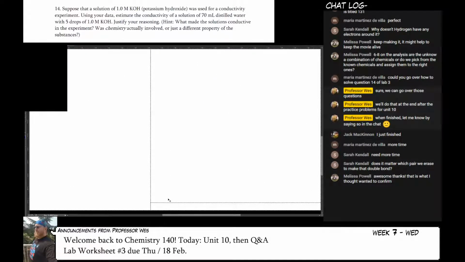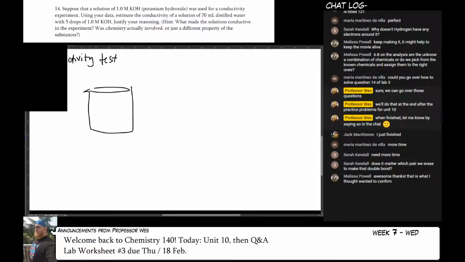Okay, so in the experiment, you did a conductivity test. And when you put something into a container, so here's my container, and if the solution contains something that splits into ions, then the solution was conductive.